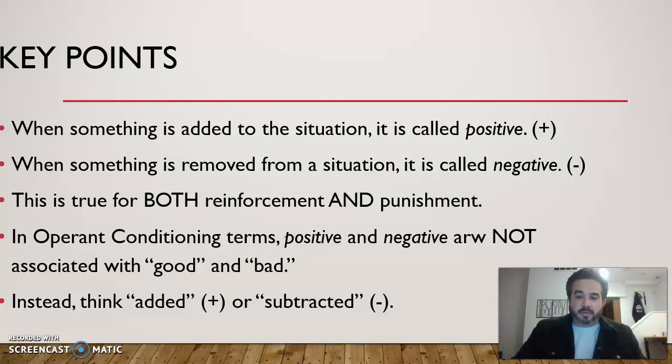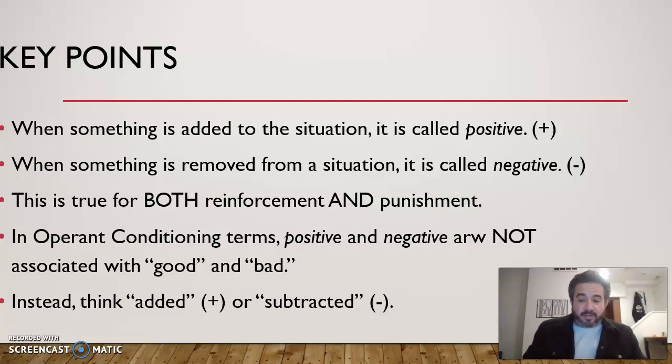The next two vocab words that we need to learn are positive and negative. But we need to learn positive and negative in the context of operant conditioning. In operant conditioning, positive and negative does not mean good and bad. That's something that we easily get confused. We think of a punishment as negative and a reinforcement as positive, but that's not true. A reinforcement and a punishment can be positive or negative.